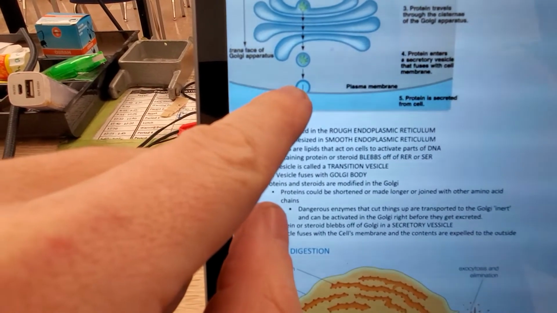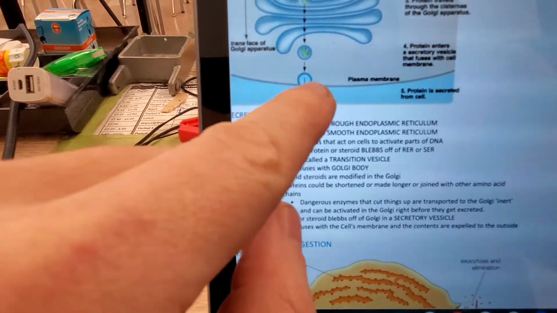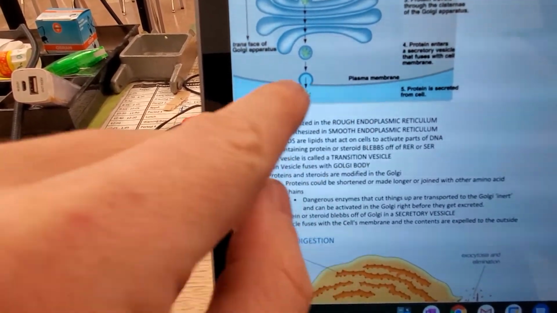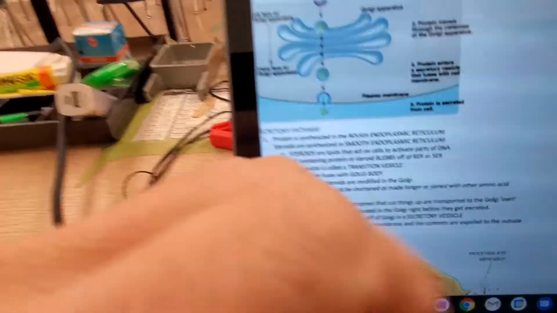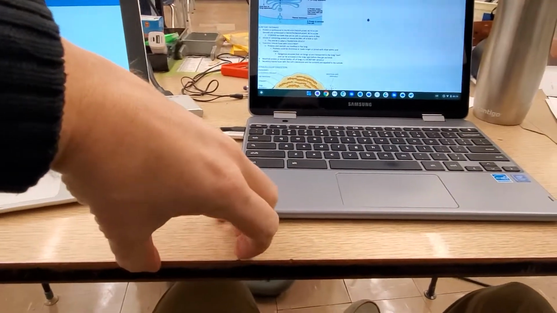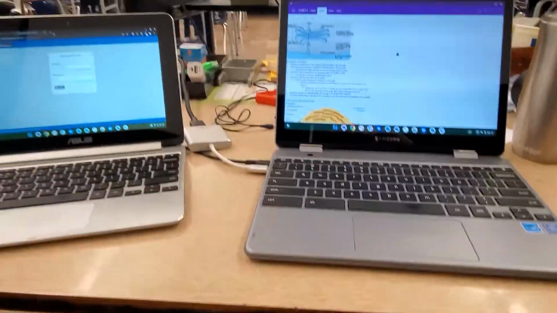That vesicle then travels to the plasma membrane, the membrane of the cell, and it fuses with the membrane and dumps the contents out of the cell. So that enzyme can then go and kill whatever danger is outside of the cell.